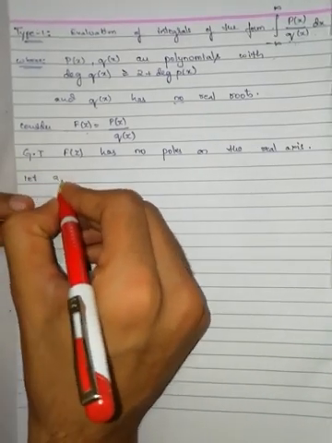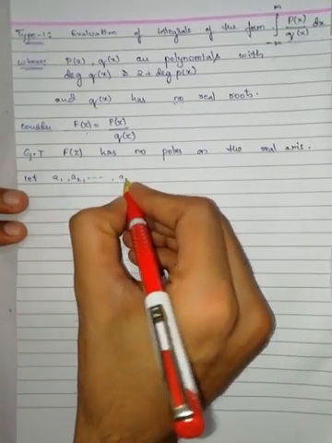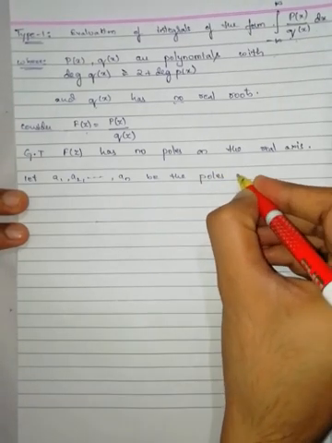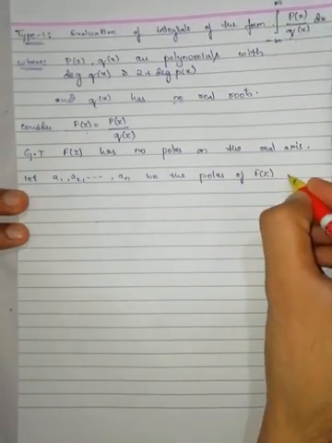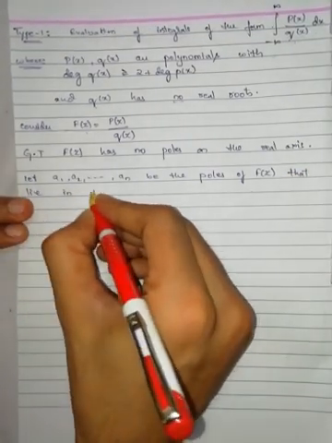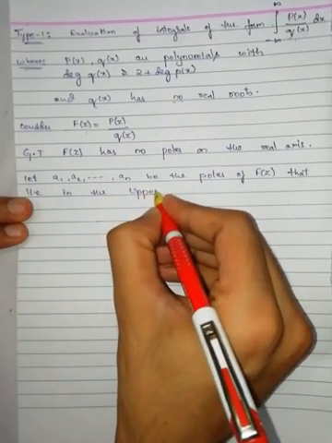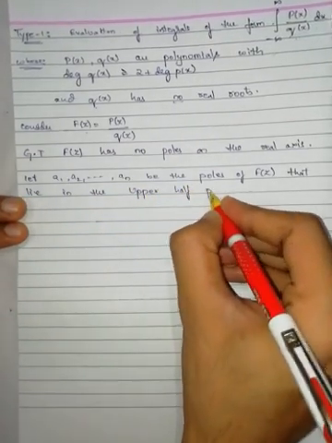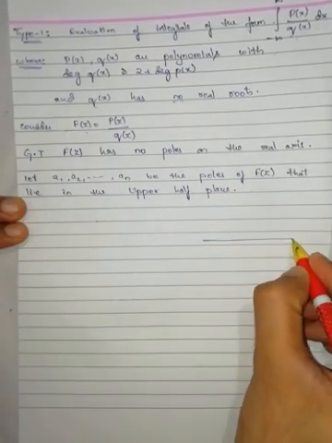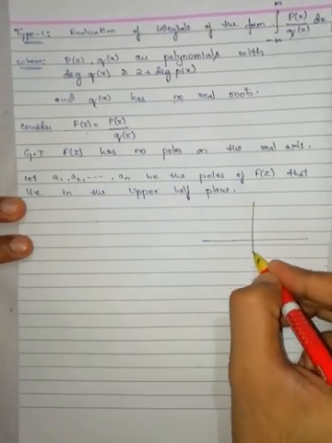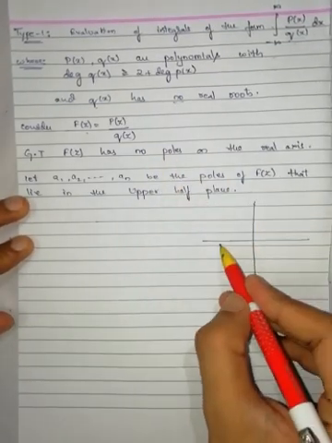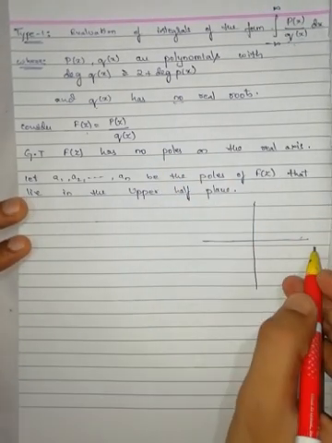Let a1, a2, and so on up to an be the poles of capital F of z that lie in the upper half plane. There are no poles of capital F of z on this axis.